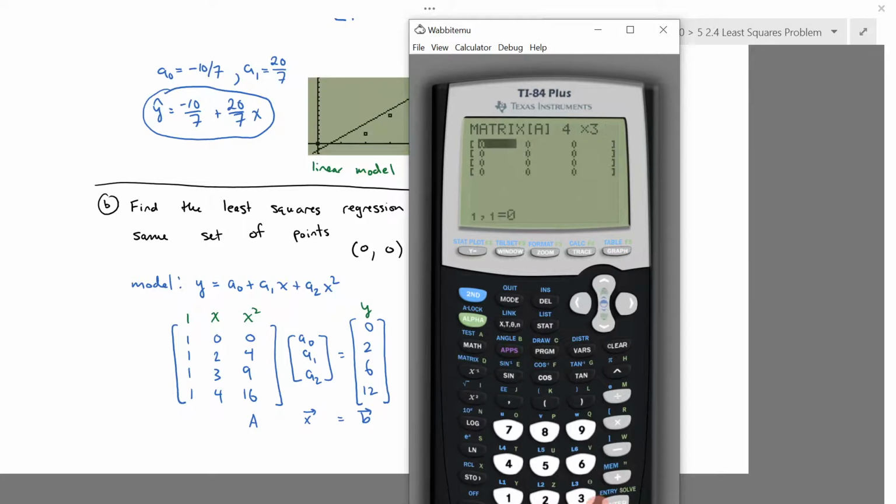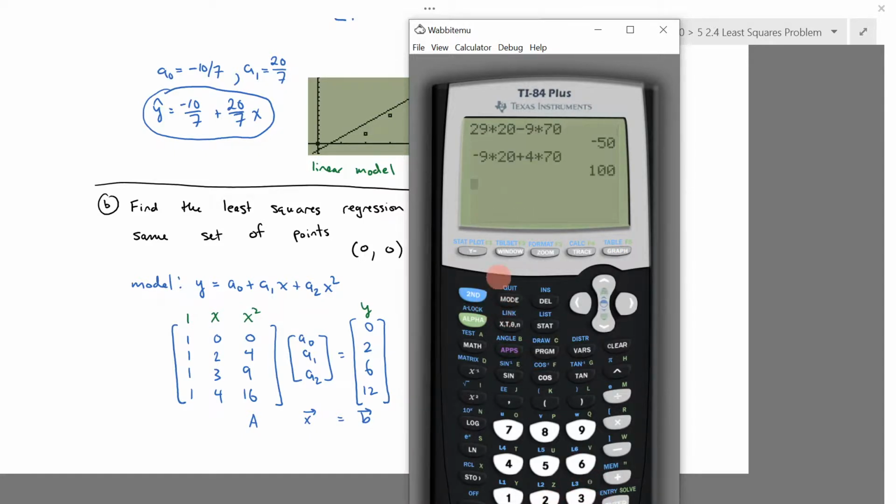A 4x3 matrix: 1 0 0, 1 2 4, 1 3 9, 1 4 16. And then I need my matrix B, which is a 4x1, and the entries are 0, 2, 6, 12.